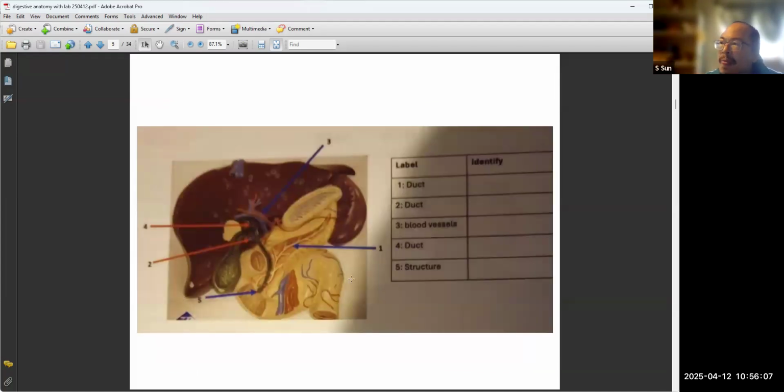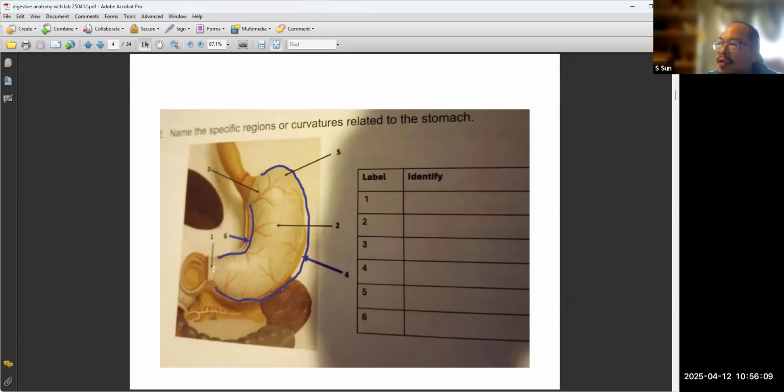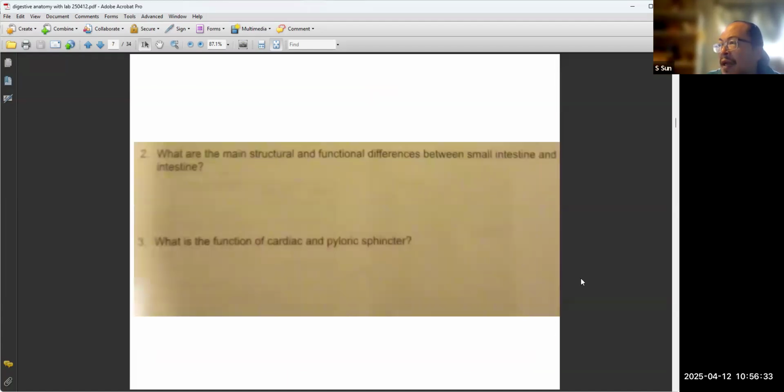Then the food is going into the small intestine. Small intestine has 3 segments, and by then, a lot of this food is pretty small already. So they need further refined digestion, and that refined digestion is supported by the pancreas.